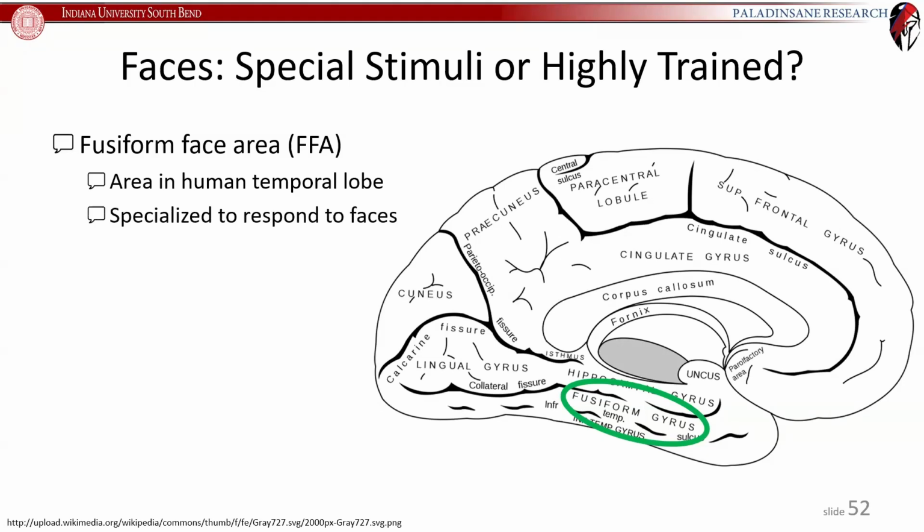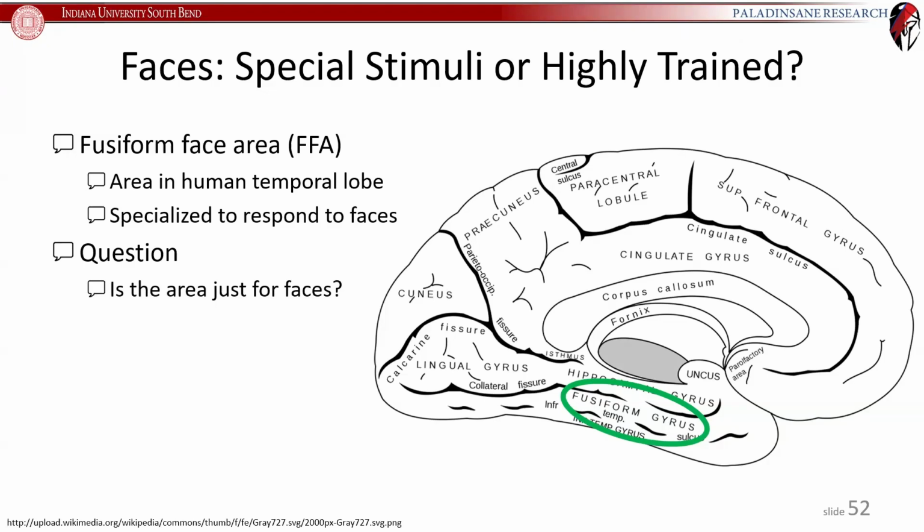So when they have done fMRI studies, brain activation studies, they have shown people a variety of objects, a variety of stimuli, and this area seems to only respond to faces, facial stimuli. So the question they started asking is, is this an area that is just specialized for faces?